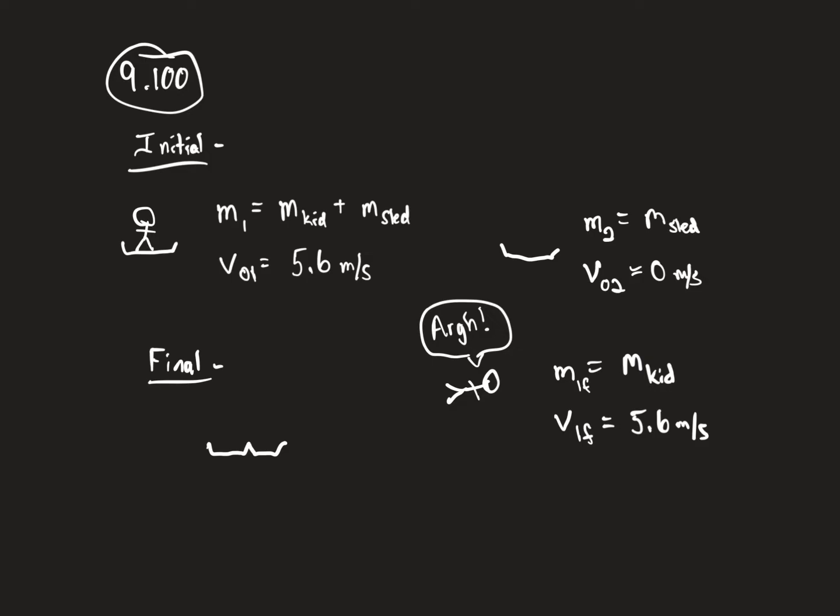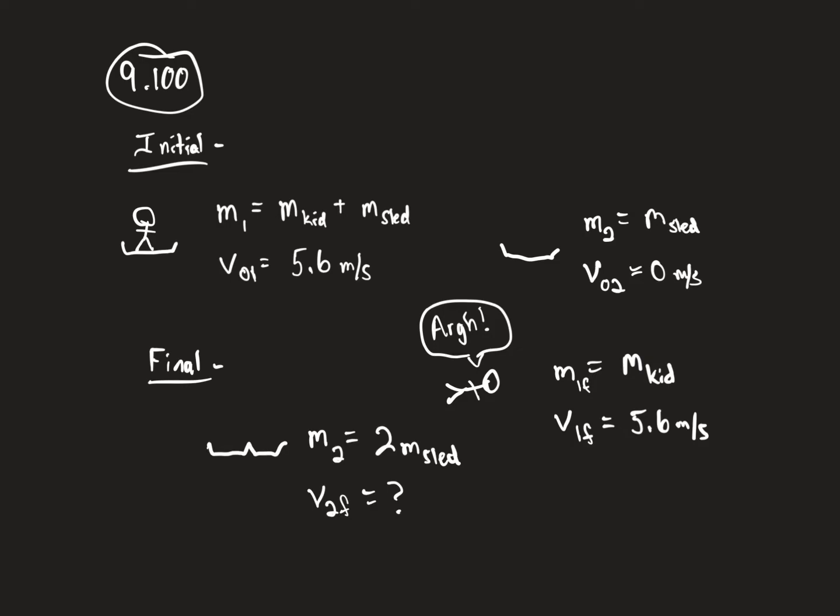All right, so in the final situation, we'll call this mass 2. How big is mass 2? Sled plus sled, so 2 times the mass of the sled. And how fast is this going? That's what we want to know. This is what we're looking for.